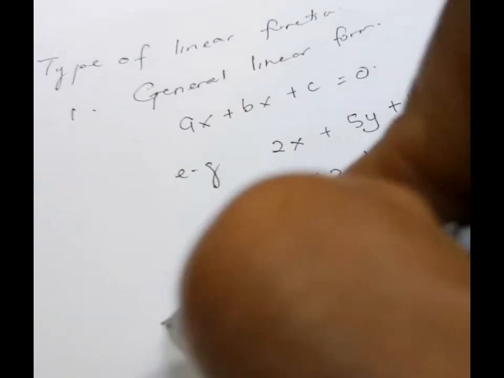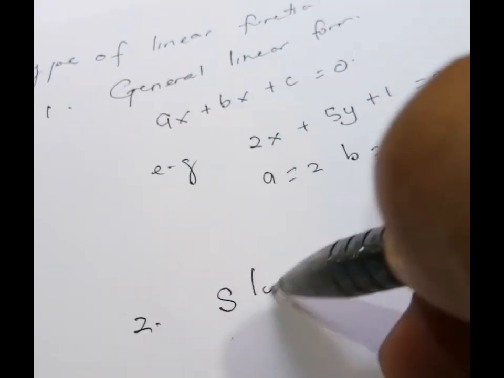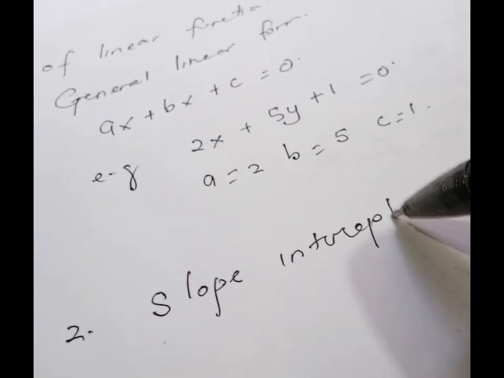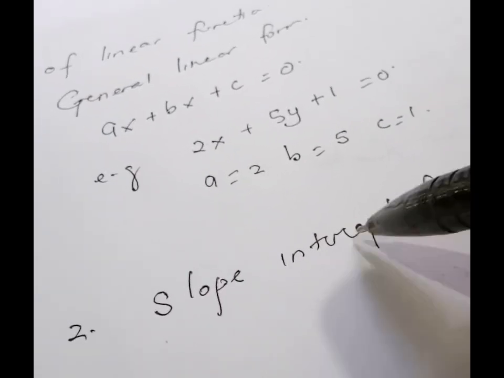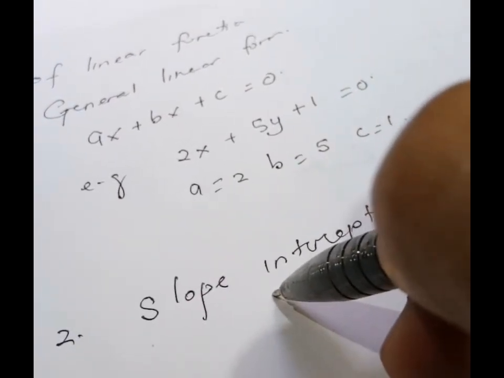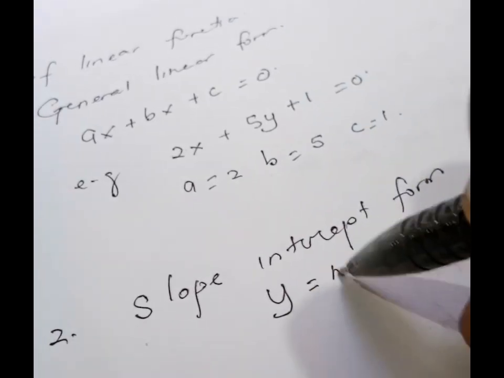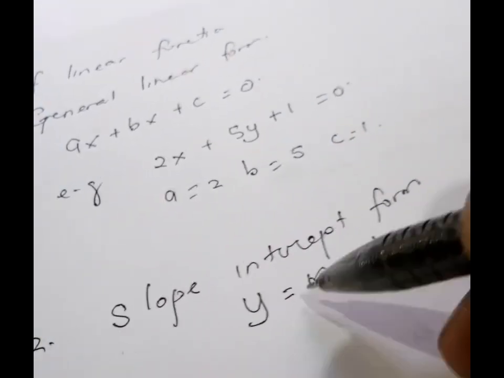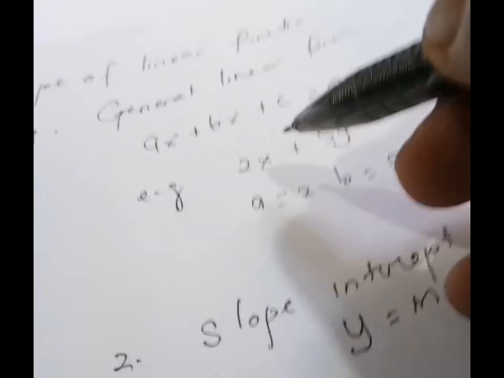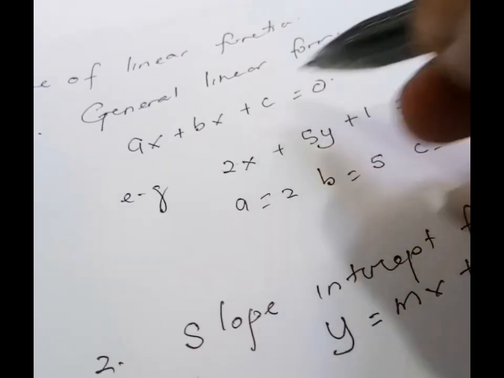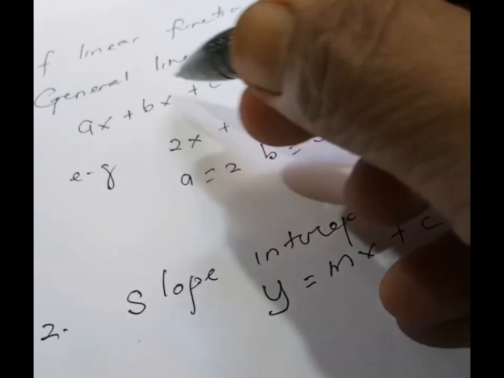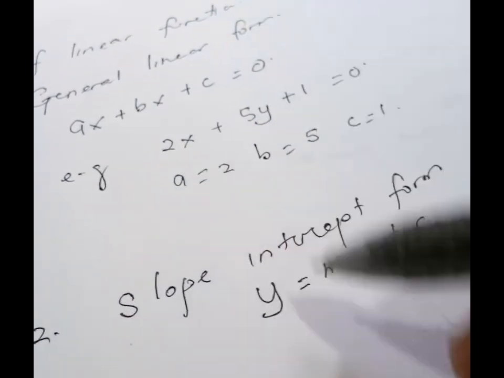Number 2 is the slope-intercept form. Slope-intercept form is written as y equal to mx plus c. If we want to transform from general form into slope-intercept form, we must rearrange the equation so that it becomes this form.